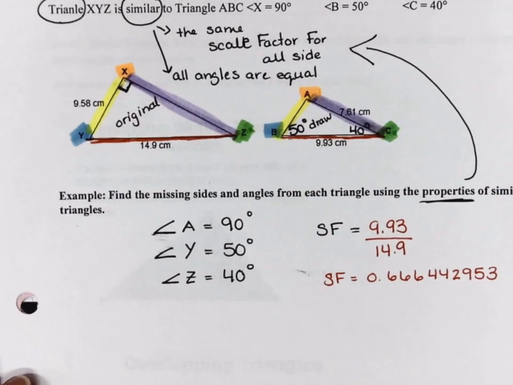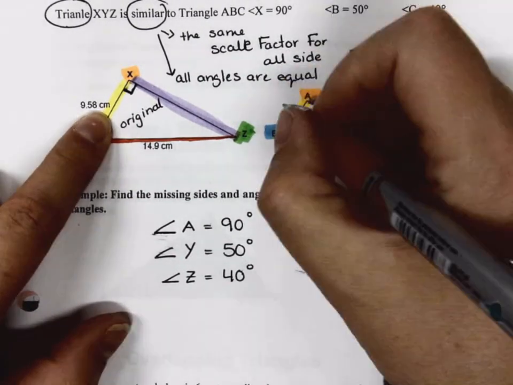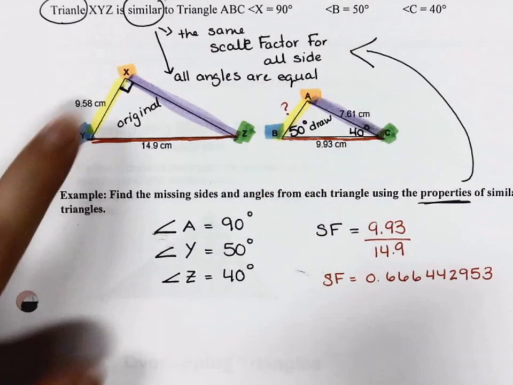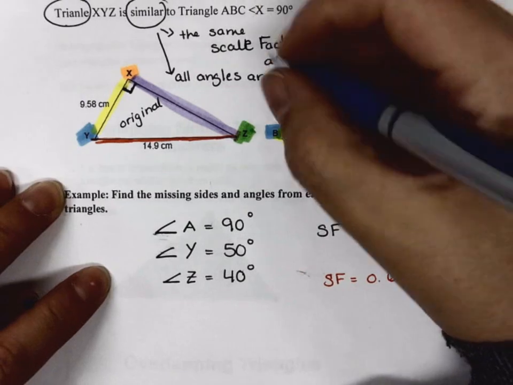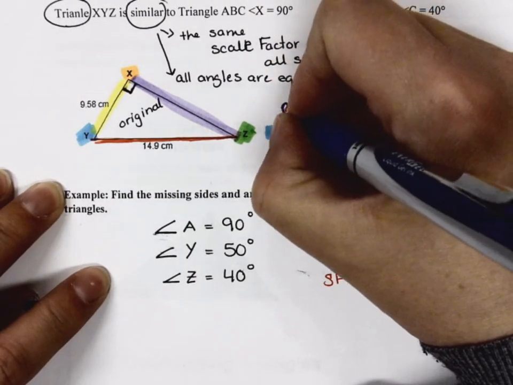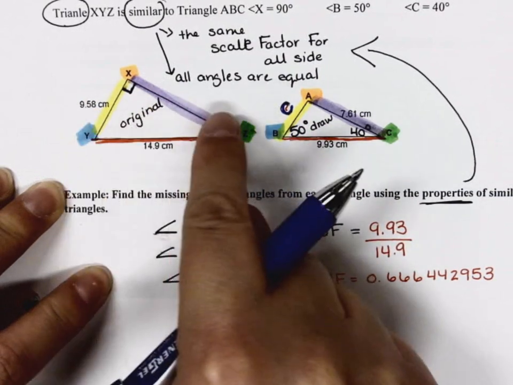All right, so I have my original side. I want to find that one right there, maybe we'll call it side C. So this matches this, the yellow matches this.